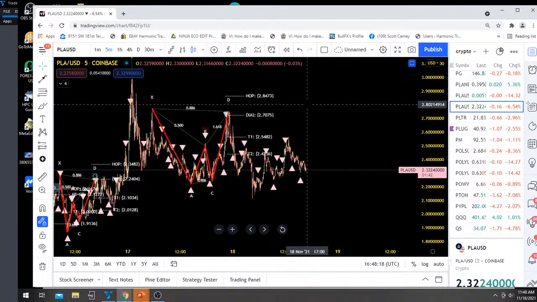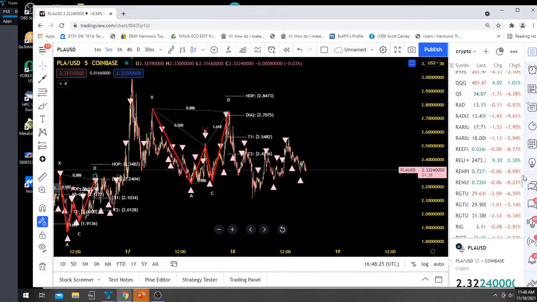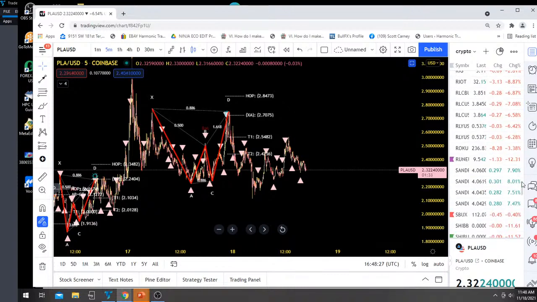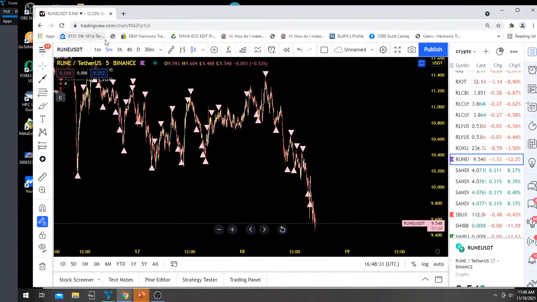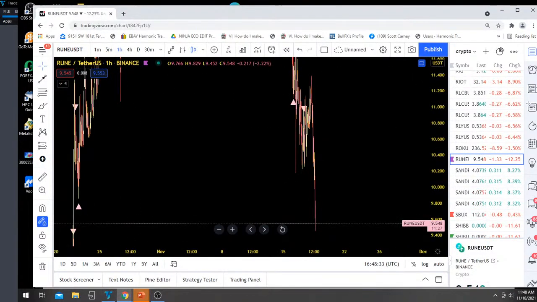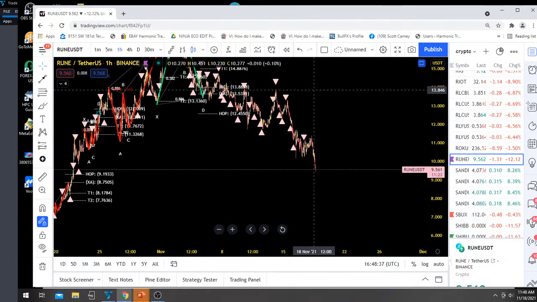Maybe that does a type 2 on the bat, but actually let me go to Rune. That was one of the other ones I had posted. That one's down at the hop. And a lot of them are at the hop. A lot of them are down here running the hop levels. Here's I guess hourly, 2-hour chart.